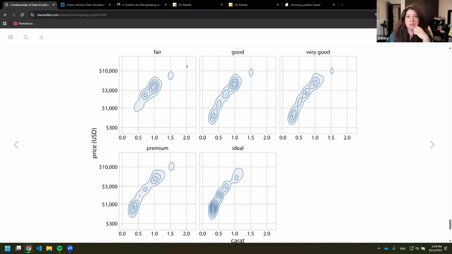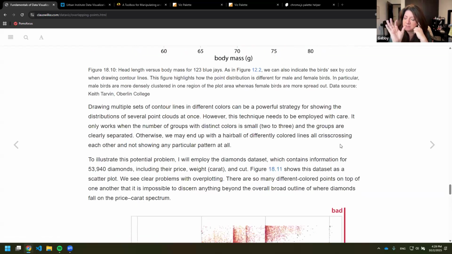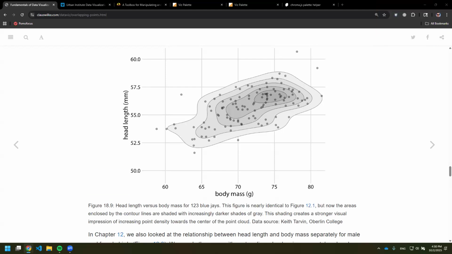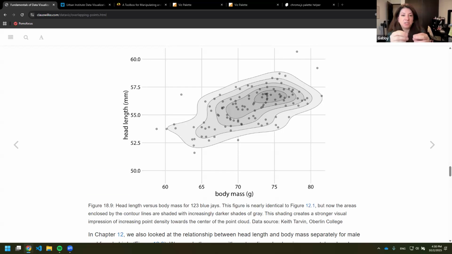One thing I was going to say is that I think these contour lines make more sense when they have color added, because then, like in the earlier example with the beak length and the weight, it's more intuitive to understand that in the center you have the majority of the density, the most dense part, as opposed to the areas on the periphery. I guess that's how these lines are interpreted, but color makes it more intuitive, so that people aren't asking, what are those lines?